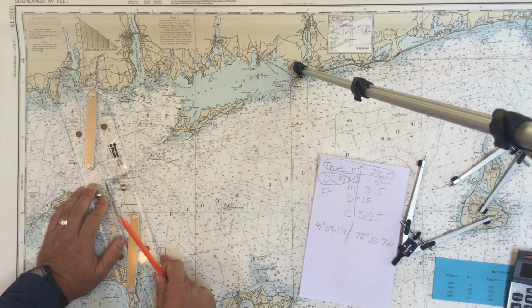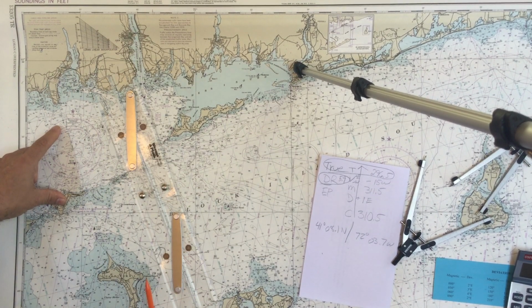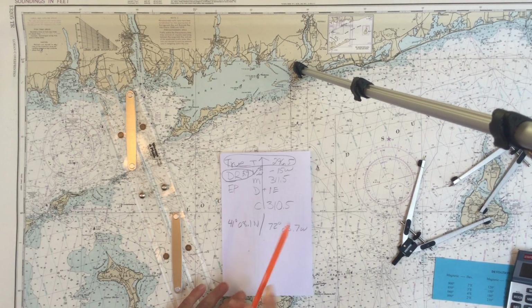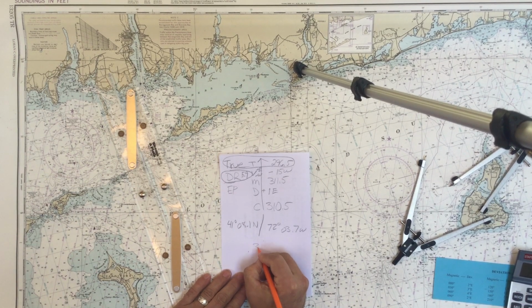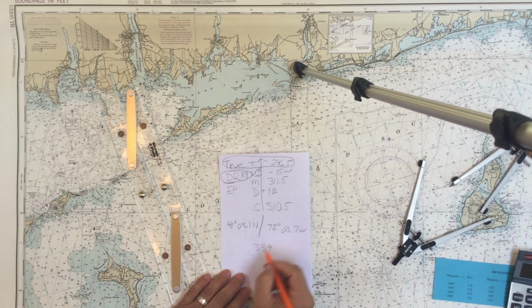So again, I should be on the line, but I'm being set to the northwest of my intended course. So that looks like 330, 335. Gosh, that's so hard to see. This chart is so small. I'm going to say that's 339. I'm guessing. I can't see it. Okay, it could be 338, somewhere in that ballpark, but somewhere around 339.